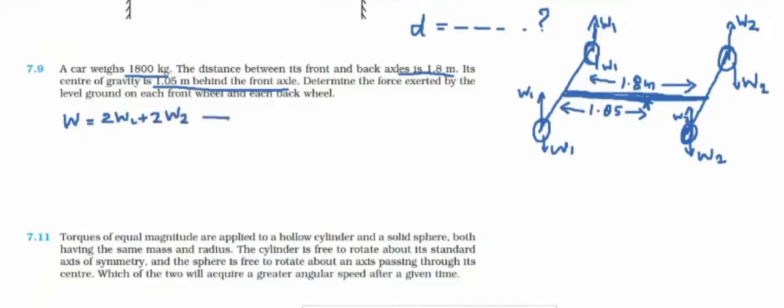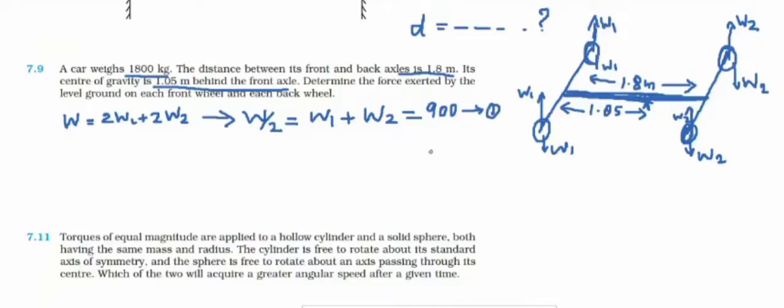Or from here you can make an equation: W by 2 is equal to W1 plus W2. Now W1 plus W2 is equal to this W by 2. We can take 1800 divided by 2, so we can take 900. In fact, you need to multiply it by 9.8, then only you will get the actual value, but that we can do at the end. Take it as equation 1.